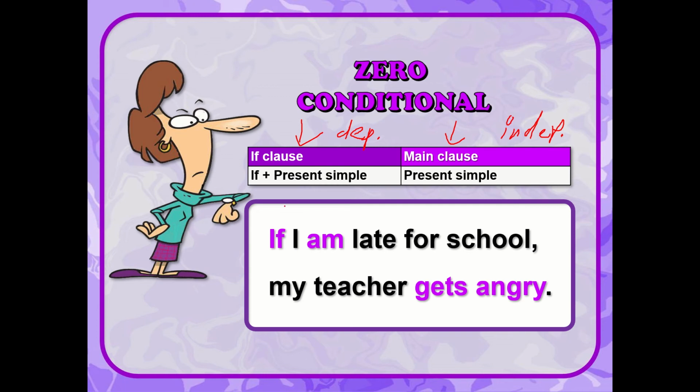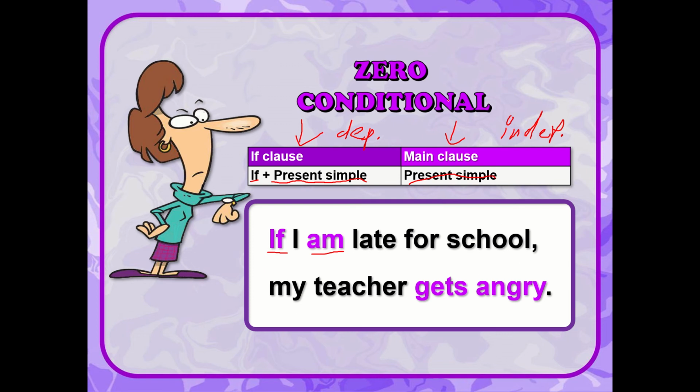So first thing you need, as you can see here, in this case we are only focusing on the present simple. So in this case, you need present simple, main clause, present simple too. So look, if I am late for school, my teacher gets angry.